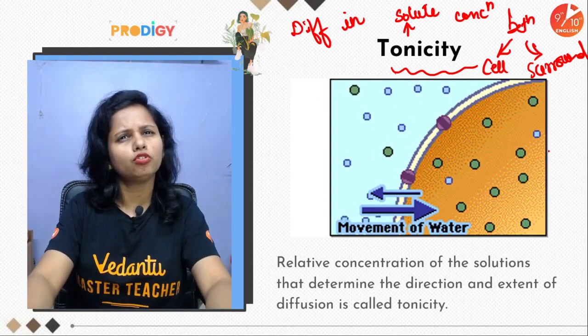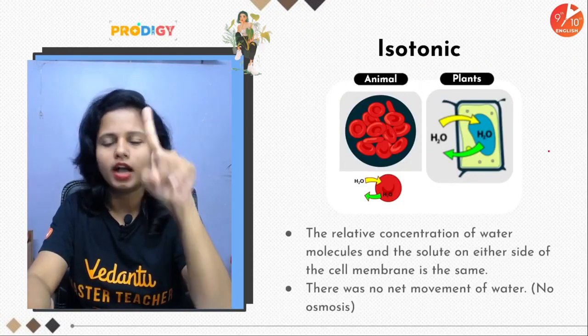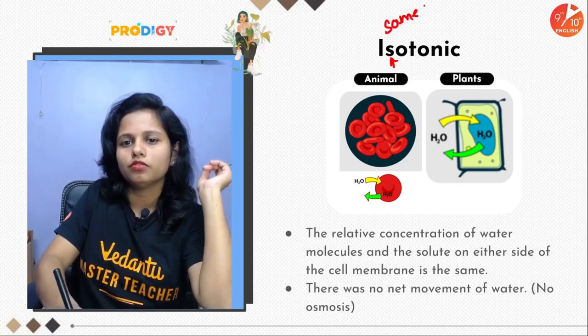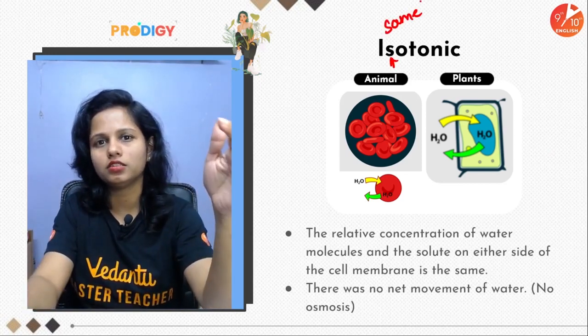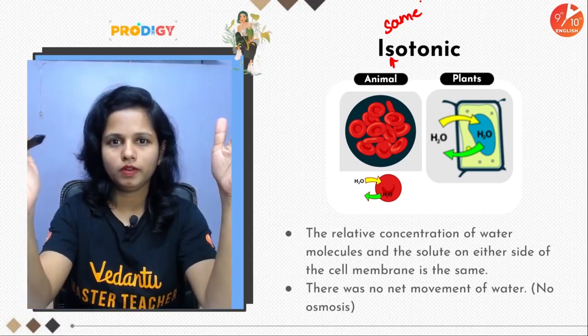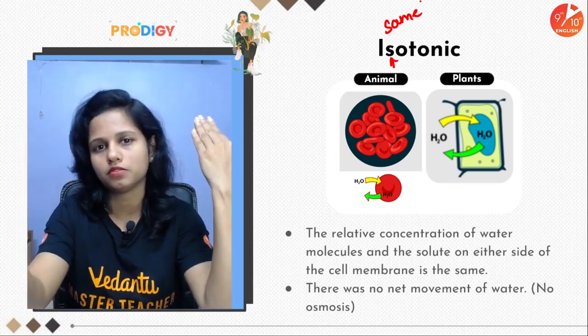So depending upon the concentration of solutes, there are three different types of solutions. Isotonic solution, iso is for same, where the solute concentration is exactly the same in the cell and the surrounding medium. So when everything is the same, like I have a Cello Gripper, you have a Cello Gripper, we both have a Cello Gripper, we are not going to exchange our pens, right?